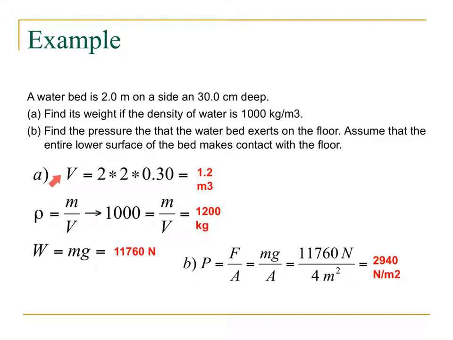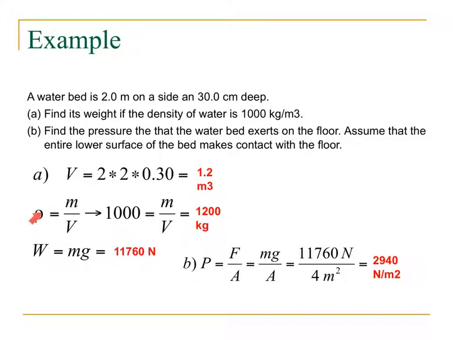Now, if we remember, volume is length times width times height, so we would have 2 times 2 times 0.3. Now, this is 0.3 because we need this to be in meters. You'll notice that we had the 2 in meters, so we're going to change this to meters. So 2 times 2 times 0.3, we get a volume of 1.2 meters cubed.